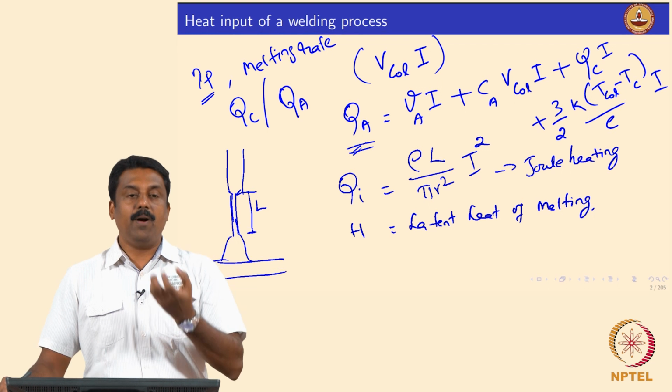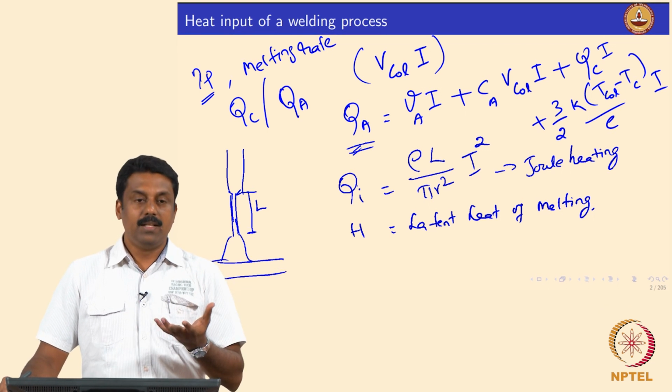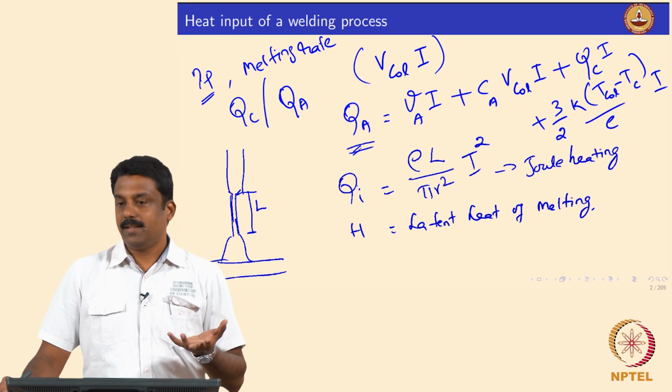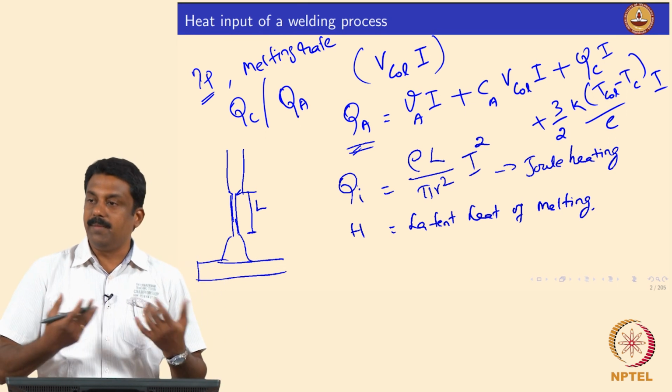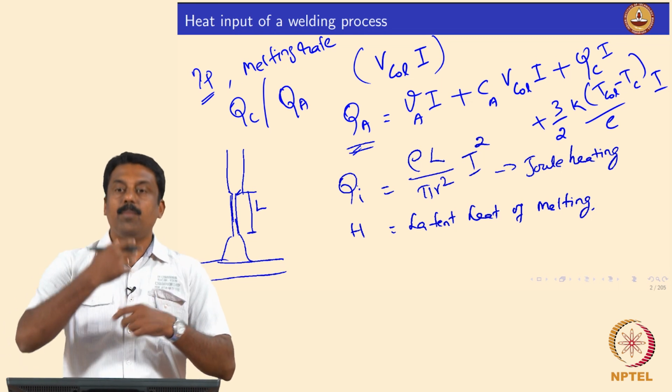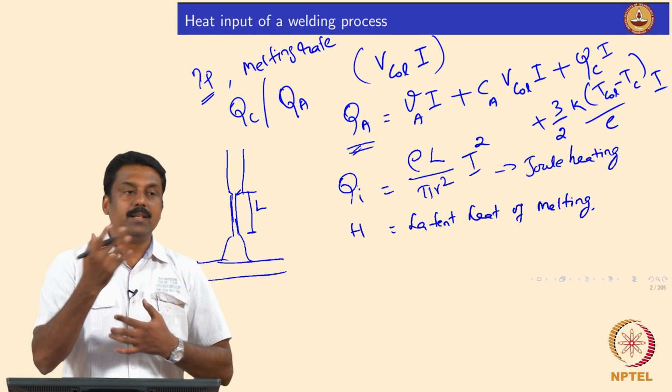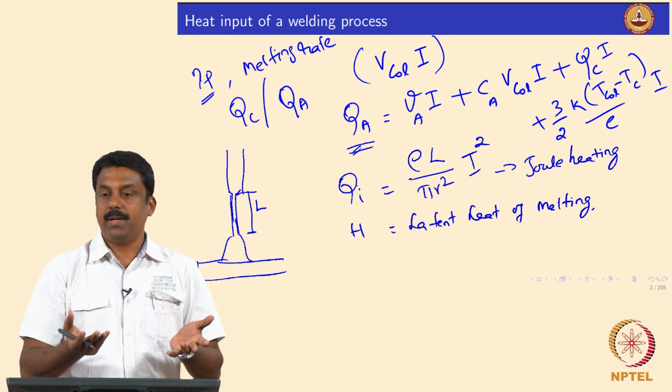So the moment your droplet forms, it is exposed to the arc and it is also heated up, isn't it? So the additional term which is consumed during the melting process is to increase the droplet temperature from the melting point to the droplet temperature.